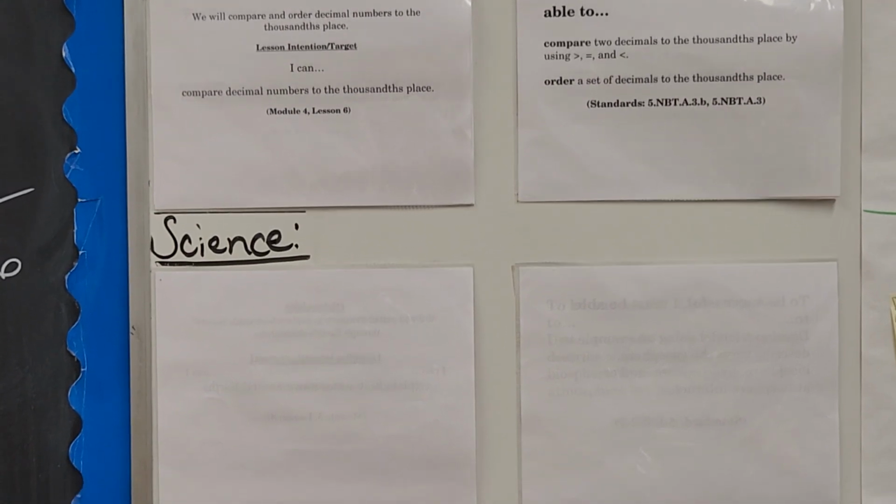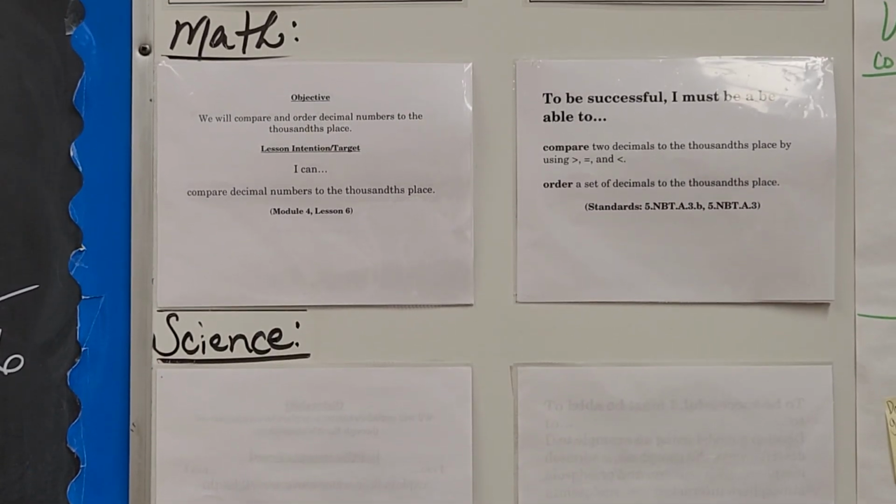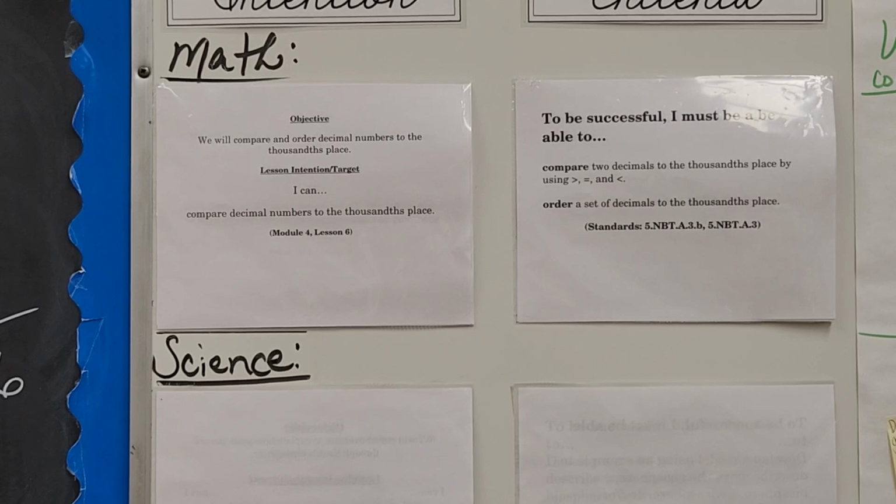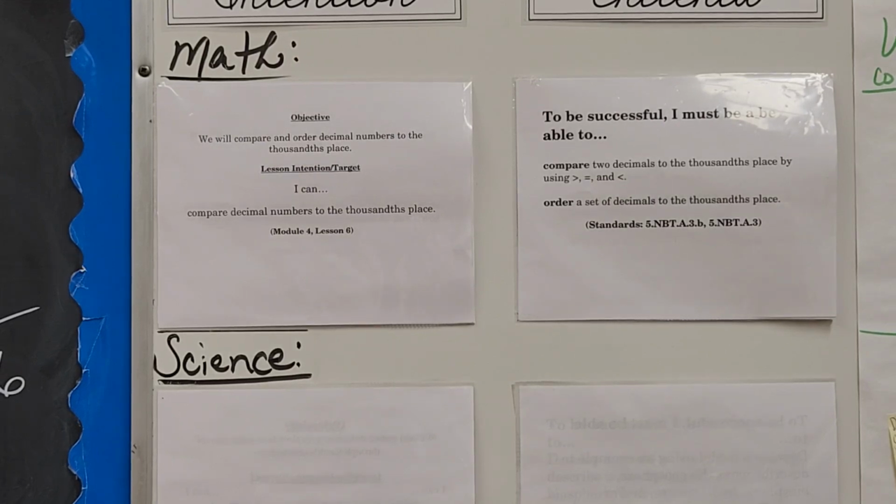Now my science is flipped over. I do that on test days. So today we had a test in science. So when they see that, they know today is a test. If they weren't paying attention in class, if they forgot to study, when they walk in and they see that turned around, they automatically know, uh-oh, I have a test today.